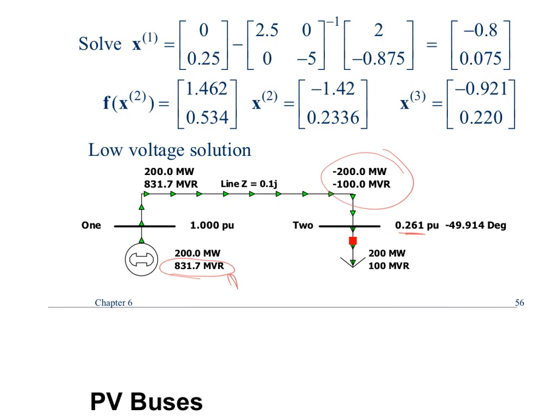Your Q went from 163 or 168 to 832, right? So you're almost 550 megavar more power. Your current has more than doubled. So can the line handle that? Probably not. So that's why starting at the right value is important.